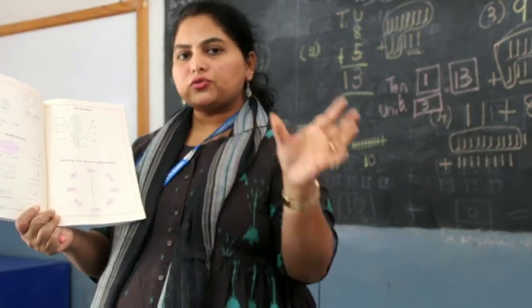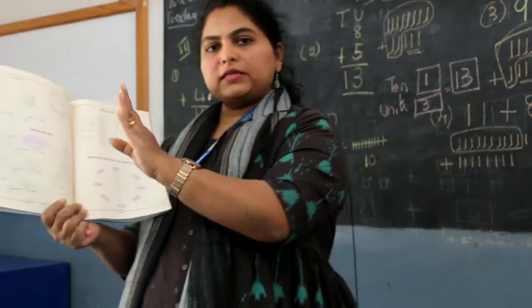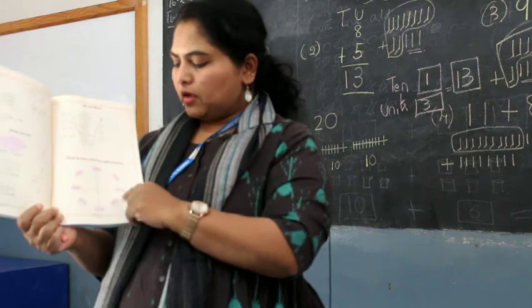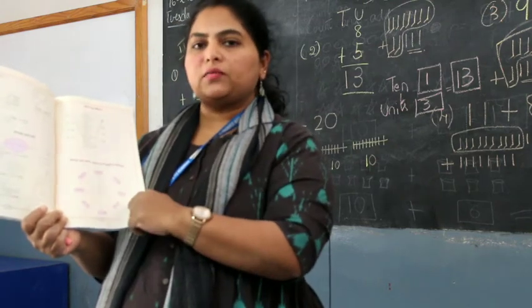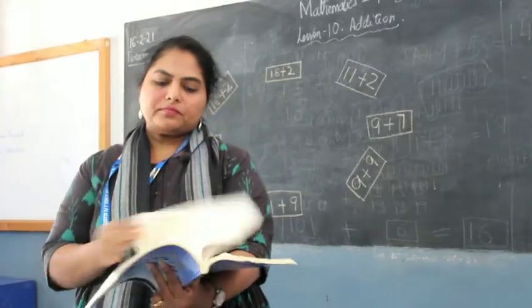Use your notebook, write one number, 8 plus 2, draw the sticks and get the number, and then once you get the number, you can see which is equal to the other one. I will write that and show it to you all for better understanding.